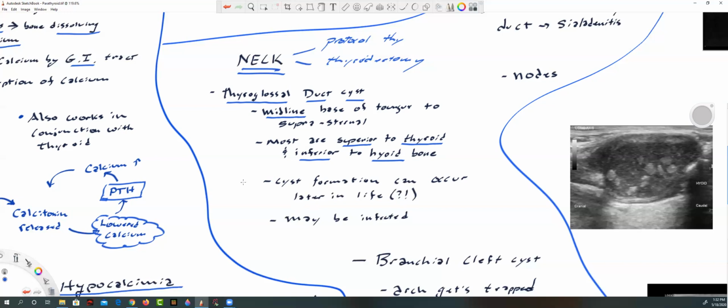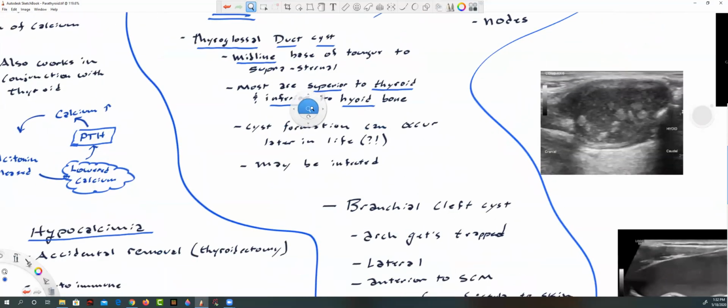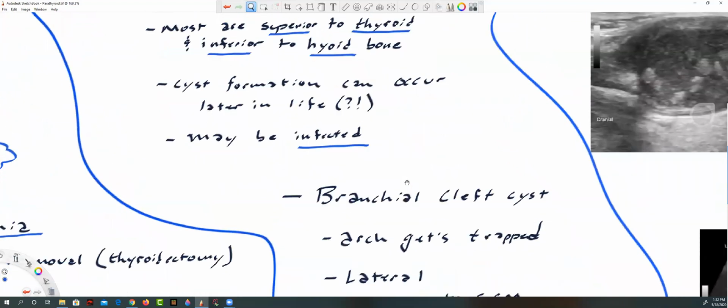It is there your whole life. I did actually have it confirmed that cyst formation can occur later in life. So that is actually true. They're not 100% sure why or what causes it, but they also can be infected, which might very well be the reason why they're coming in.